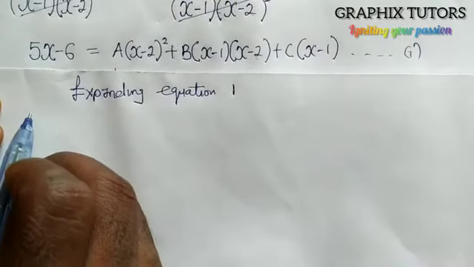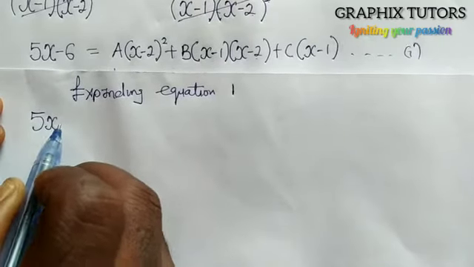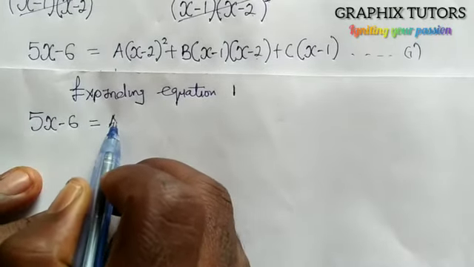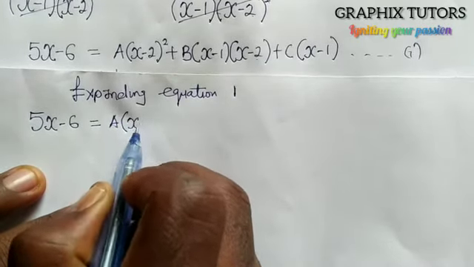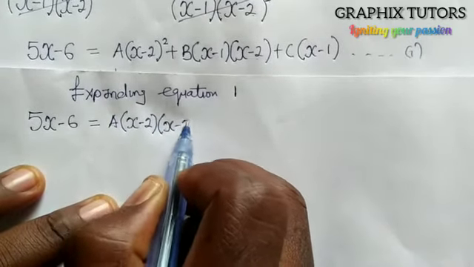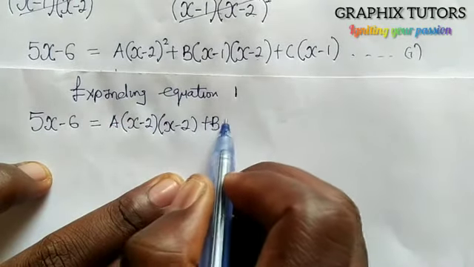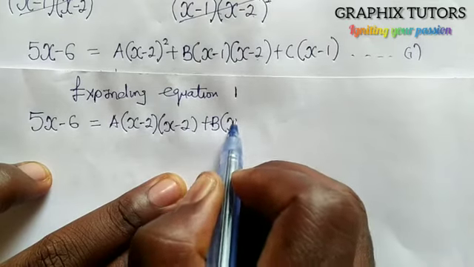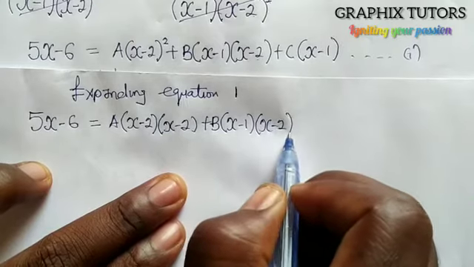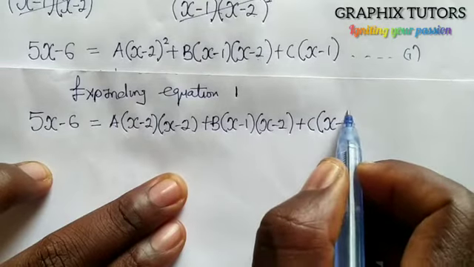So we'll be having 5x minus 6 is equal to a into bracket x minus 2, bracket x minus 2, that is the meaning of x minus 2 square, plus b into bracket x minus 1, bracket x minus 2, plus c into bracket x minus 1, right?